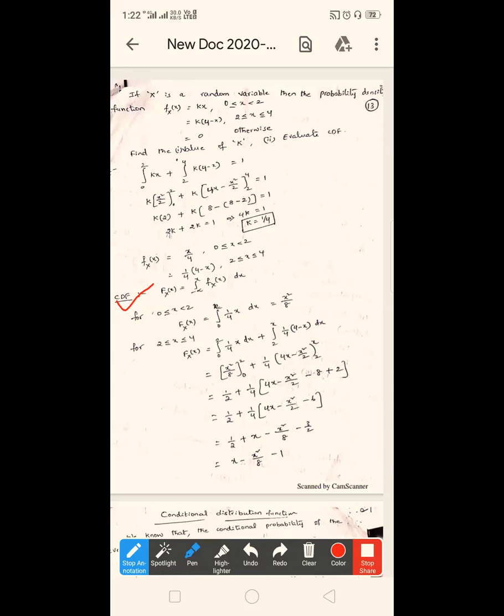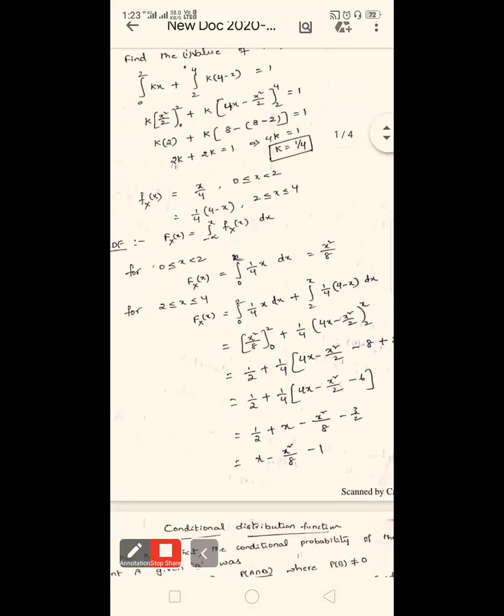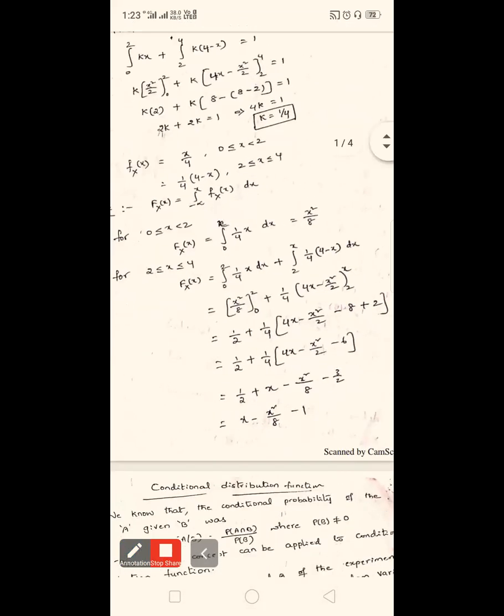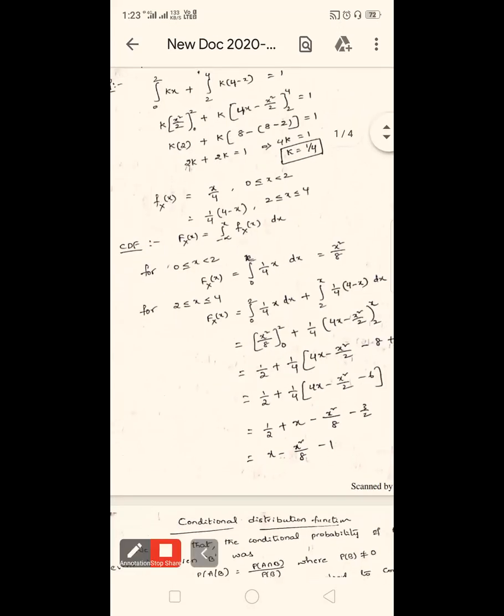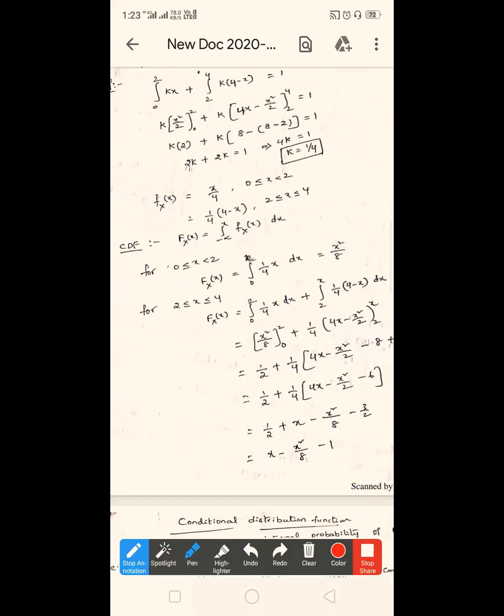The cumulative distribution function is equal to the integration of the probability density function, isn't it? This is the formula. This is the relationship between the cumulative distribution function and the probability density function.